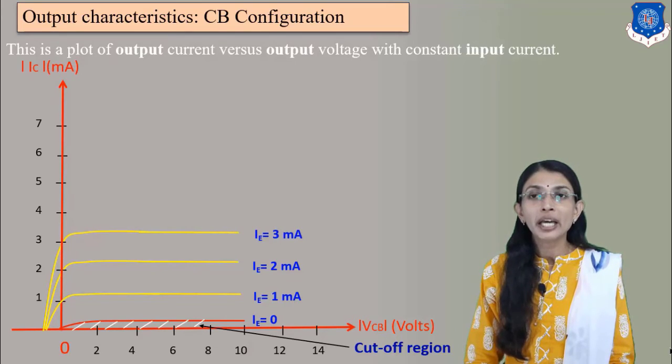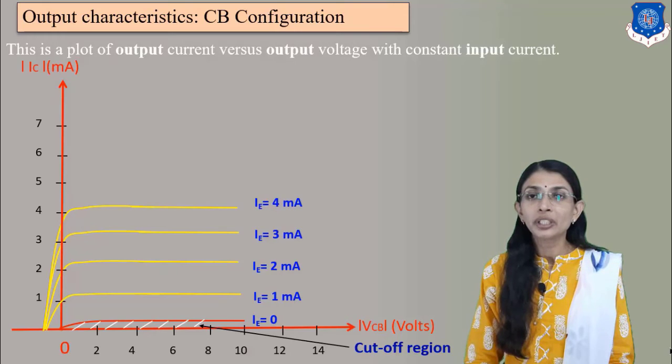So many graphs I have drawn here, and I will be explaining from the graph that as IE is going to be changed and the constant value of input current is kept fixed, then we will increase VCB. According to that, IC will be increased. Initially IC will be increased and then it will become constant.